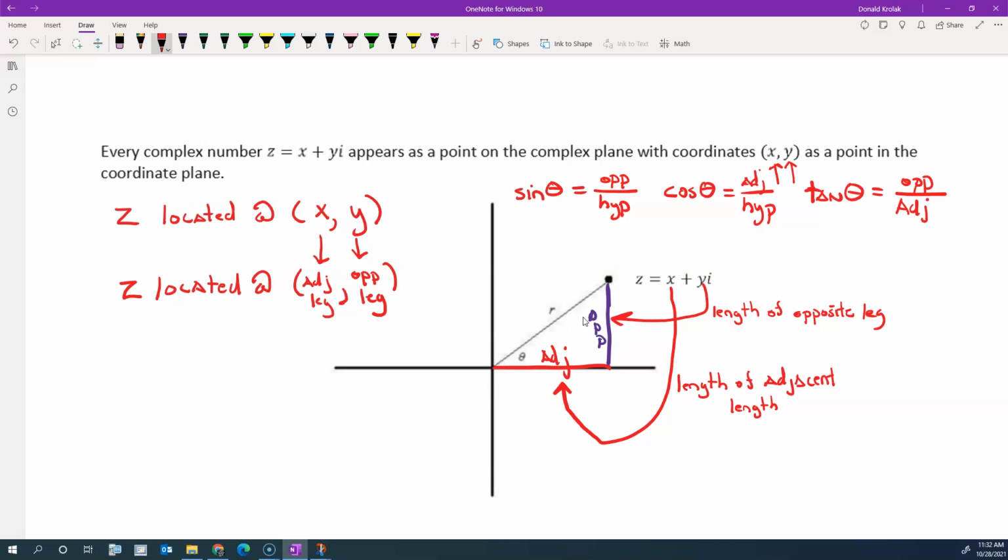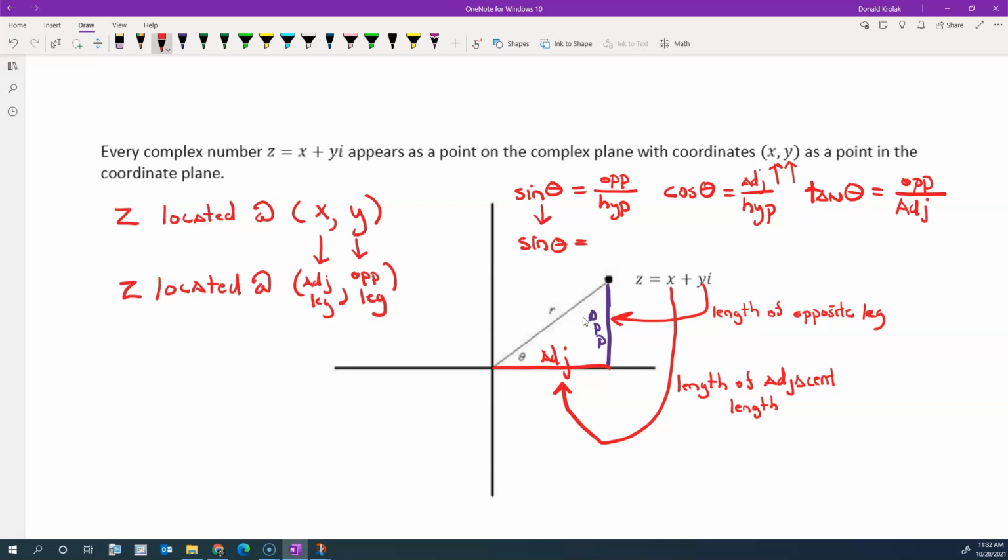This right here is the same as the y coordinate, the exact same thing as the opposite leg. So take that equation and solve it for the opposite leg. Well, let's do this first. Sine: this is the opposite leg, which is what coordinate?